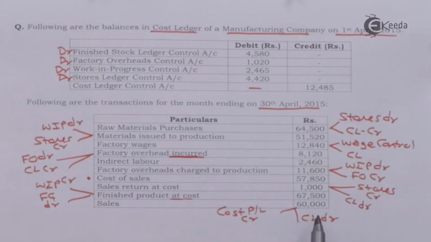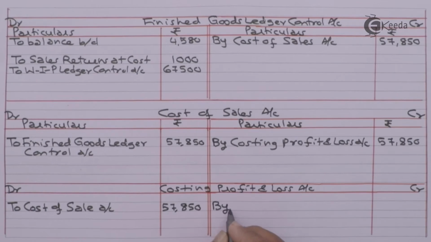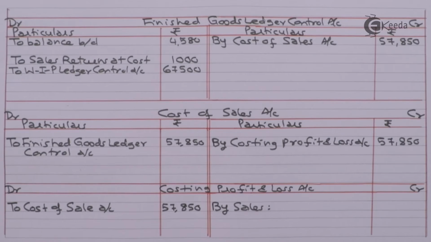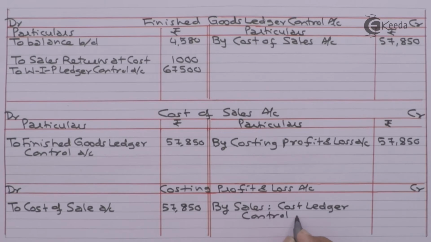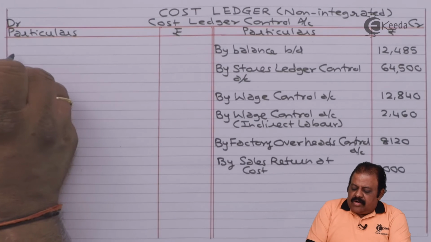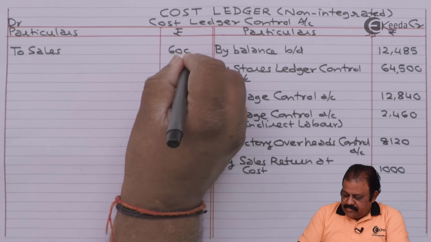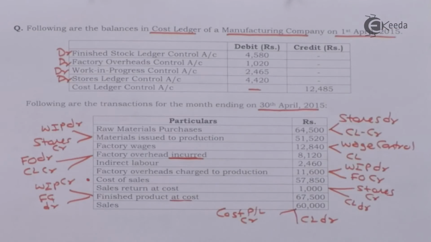Sales 60,000. This will be credited to costing profit and loss account. It will be transferred to cost ledger control account, rupees 60,000. Cost ledger control account on debit side, to sales 60,000.